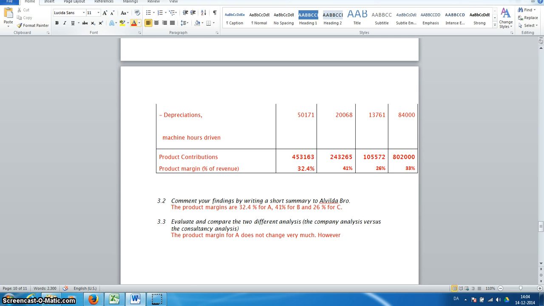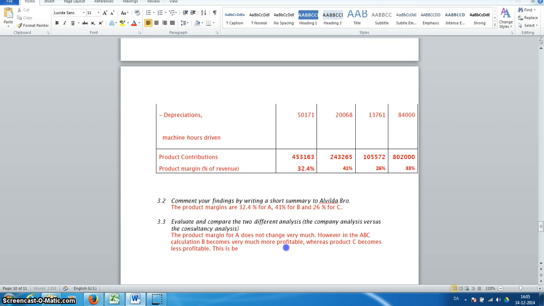However, in the ABC calculation, product B becomes very much more profitable, whereas product C becomes less profitable.